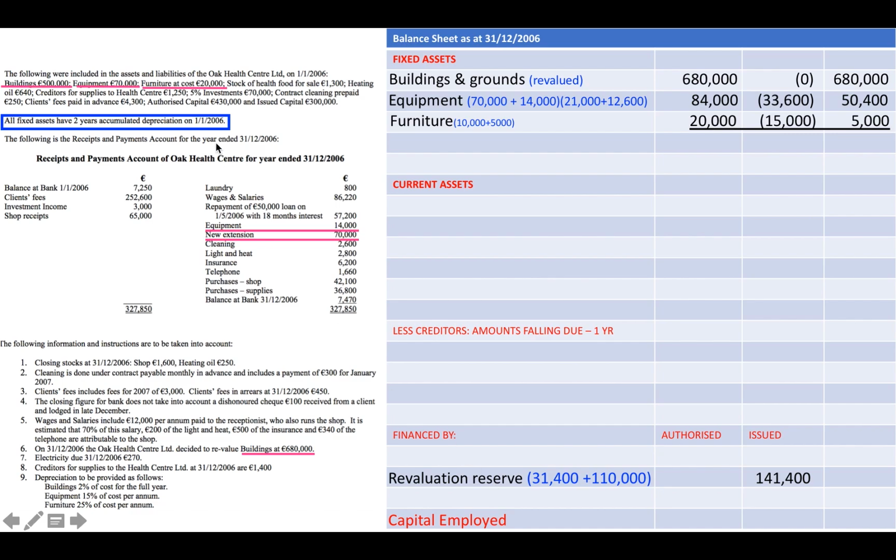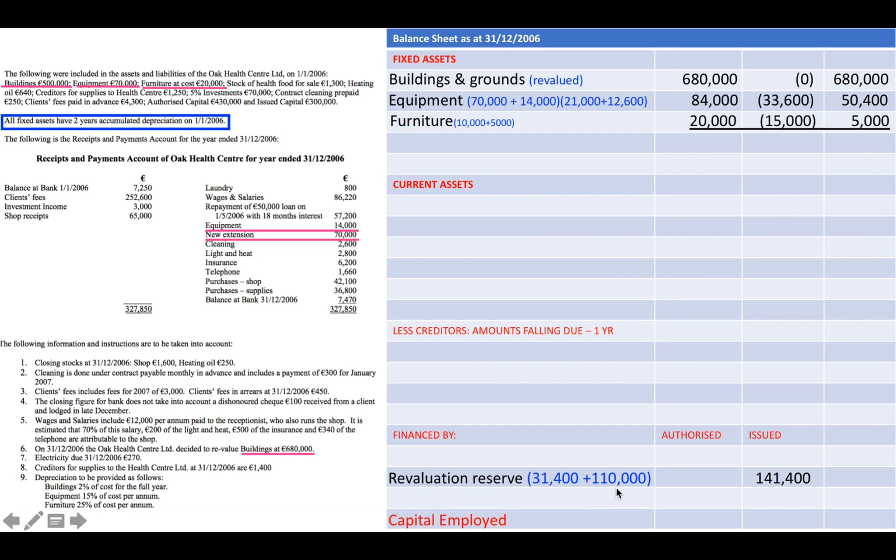So it is, revaluation reserve is the difference between the 500,000 buildings that you had at the start of the year and the 70,000. So that is €570,000. And then the buildings were revalued up to 680,000. So that is a difference of €110,000.